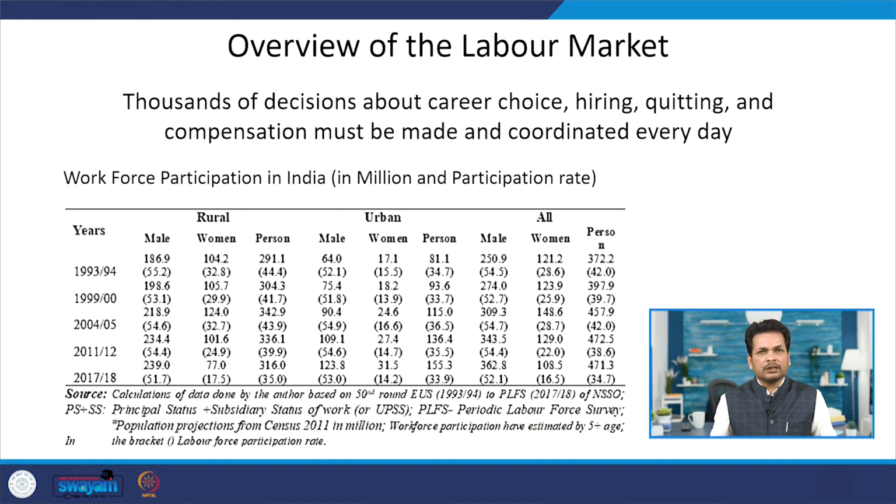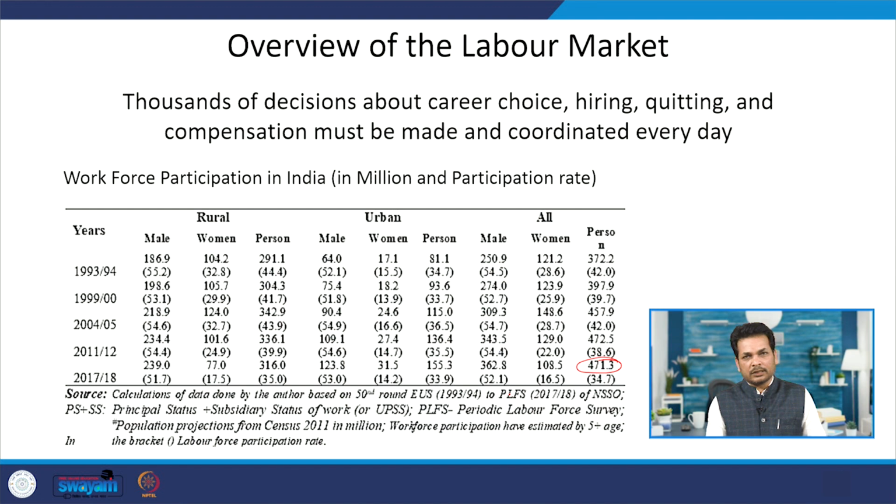So, thousands of decisions about careers, choices, hiring, quitting, and compensation must be made and coordinated every day. If you look at the workforce participation data, you can see more than 470 million people at the all-India level are in the workforce, meaning they are employed.